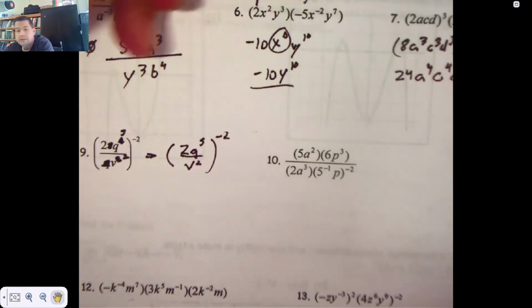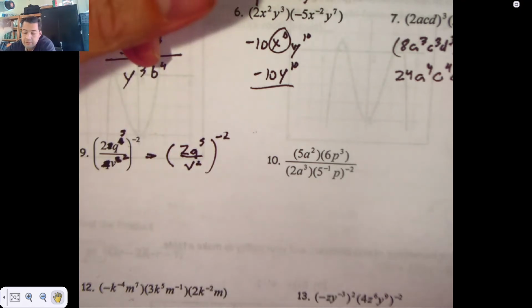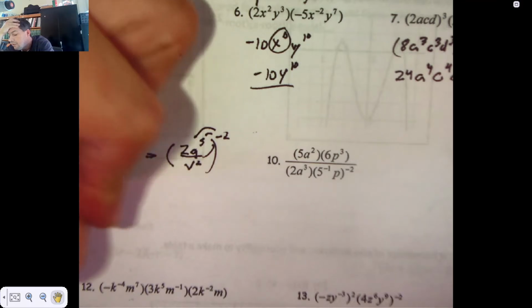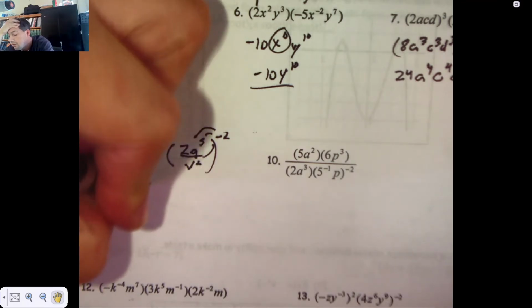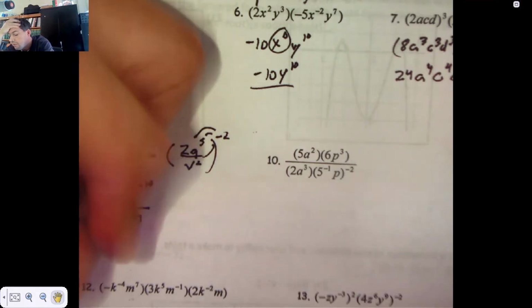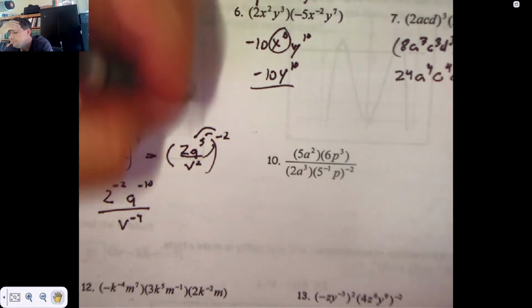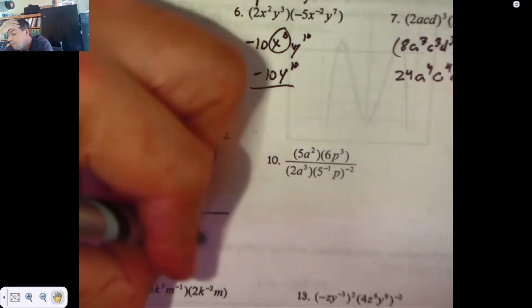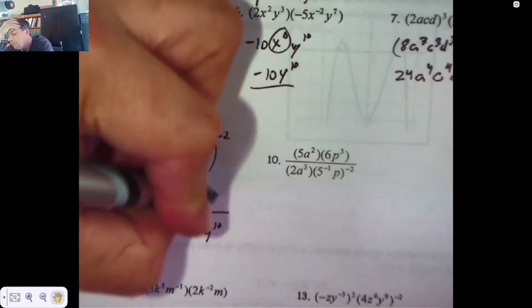And the exponent's still a negative 2. So now I'm going to distribute that negative 2 to all 3 pieces that remain. I have 2 to the negative second, q to the negative 10th, v to the negative fourth, and then I'll start moving things around. I'd have a 2 squared on the bottom, which would be 4, q to the 10th, v to the fourth up top.